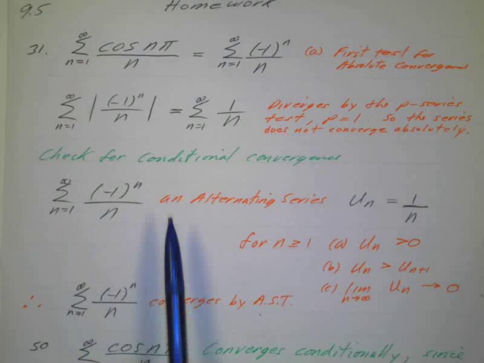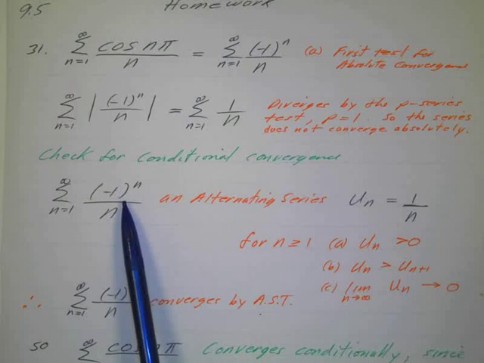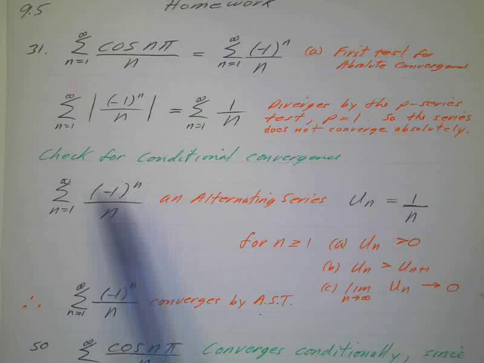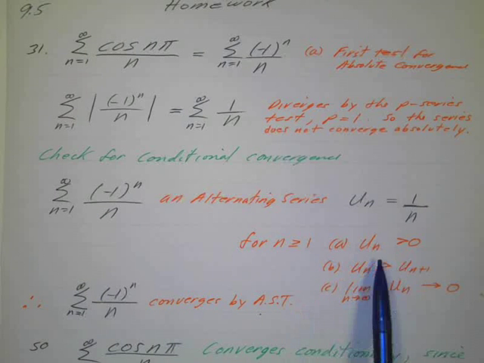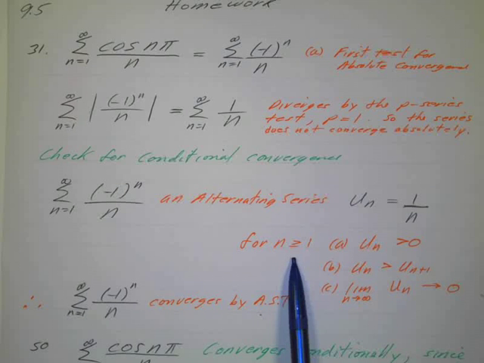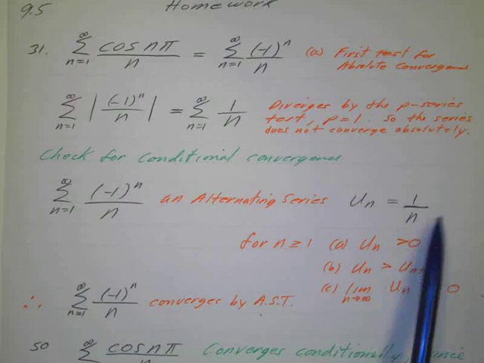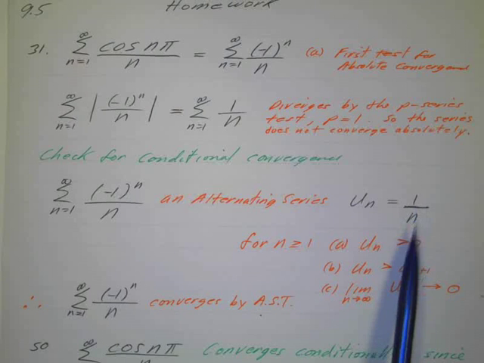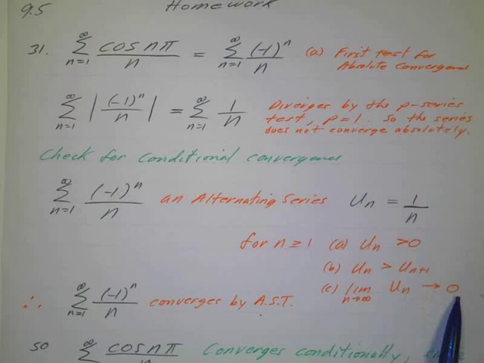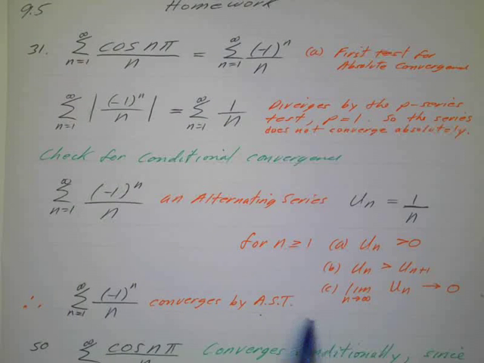We'll look at the series in its native form, so to speak, and that's an alternating series. My u sub n is the term without the alternating part, that's 1 over n. That's greater than 0 for n greater than or equal to 1. It's decreasing: as n gets bigger, the value gets smaller, so that's all right. And the limit of 1 over n as n approaches infinity is 0, so that meets all three criteria for the alternating series test.